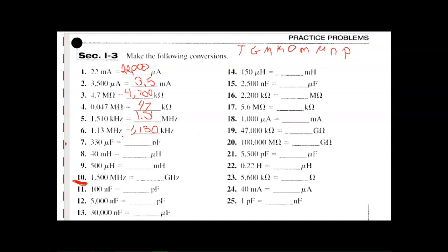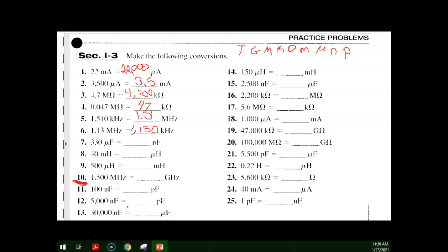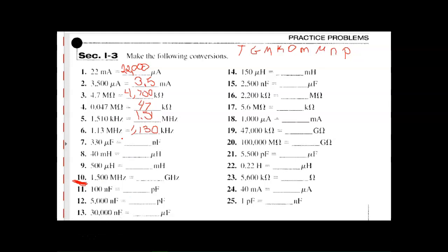What are my numbers for number 7? What do y'all think? You should end up with 330,000.